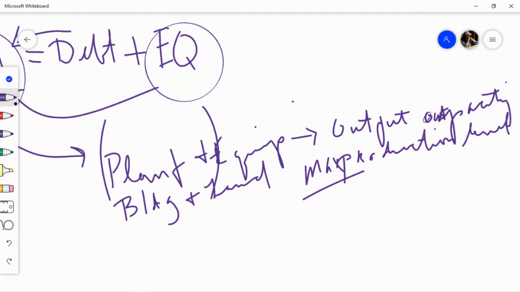So the amount of capital they can get invested is probably not that much. It won't be in the order of billions of dollars. It may be in the order of tens of millions, but not hundreds of millions or billions of dollars.